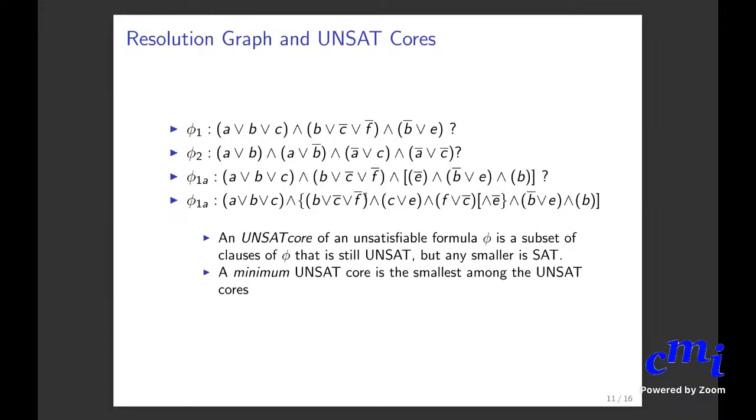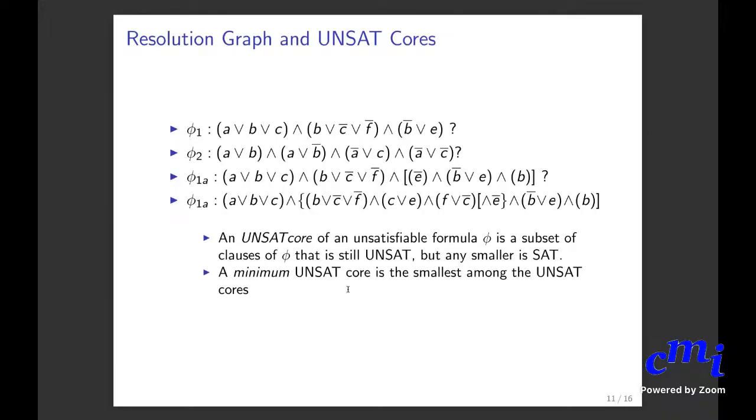When something is unsat, there's always some subset of the original set of clauses which are contradictory with each other, but no smaller subset is unsatisfiable. Now, in phi 2, you needed all the 4 clauses.